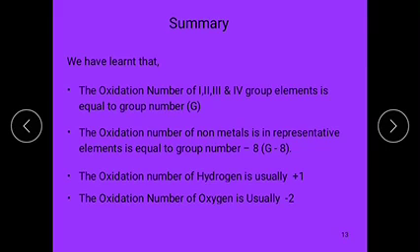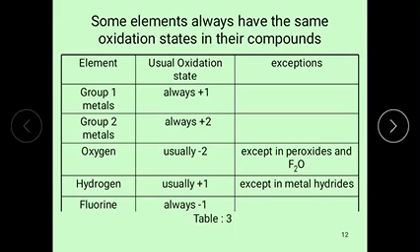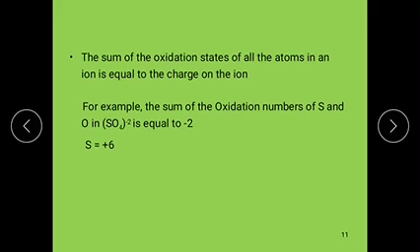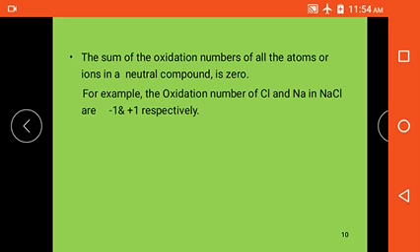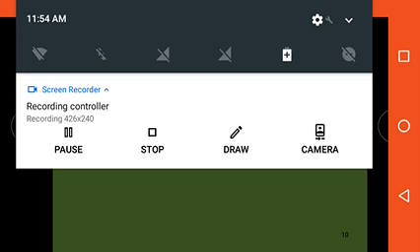Sulfur is 1, and oxygens are 4 in number; 4 into -2, together with sulfur, equals the charge, which is -2. Mainly, the oxidation number of first A and second A group elements is always equal to its group number.